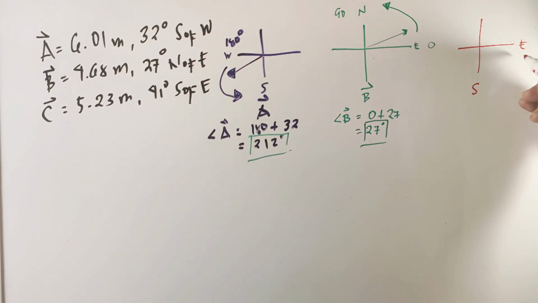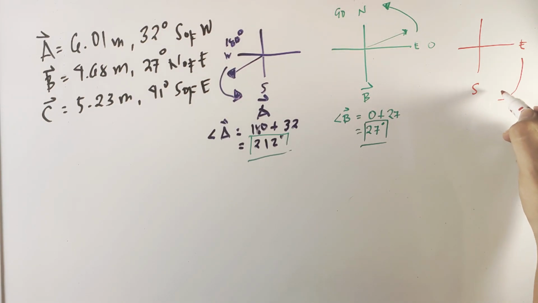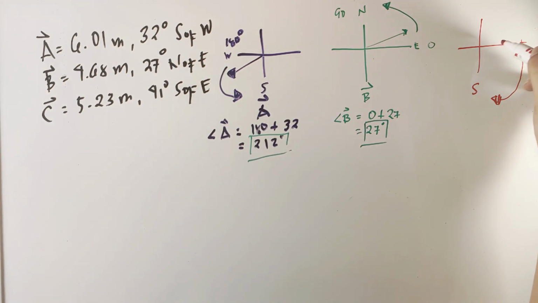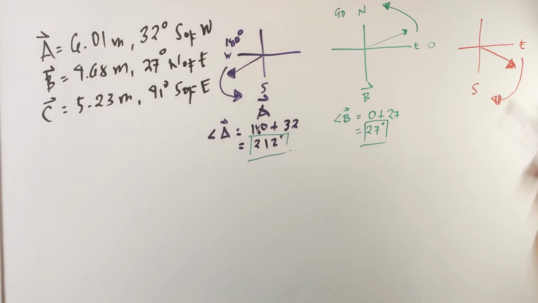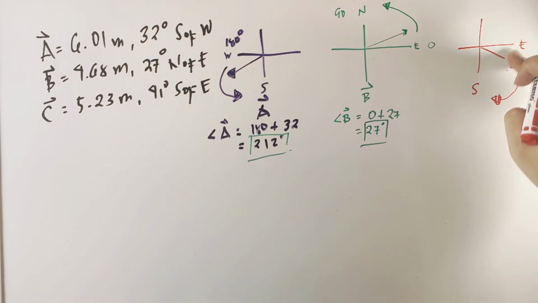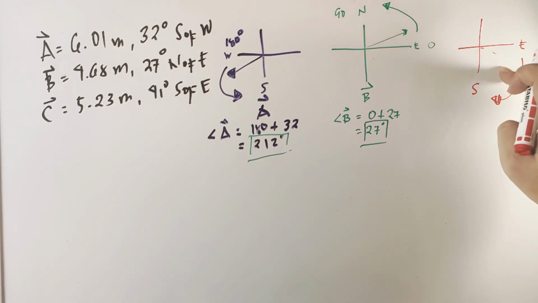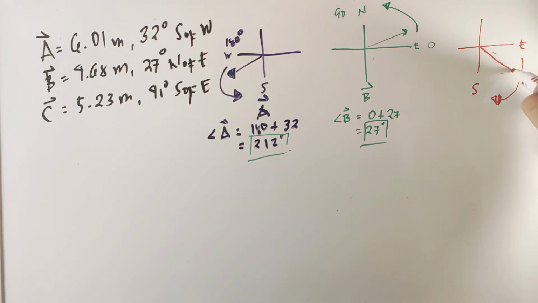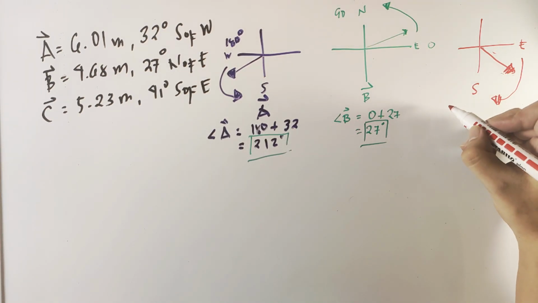So coming from this direction, going to this direction. So what's the angle? 41 degrees, going to the south, so somewhere here. The opening is slightly bigger because it's closer to 45 degrees already. Correct? There.